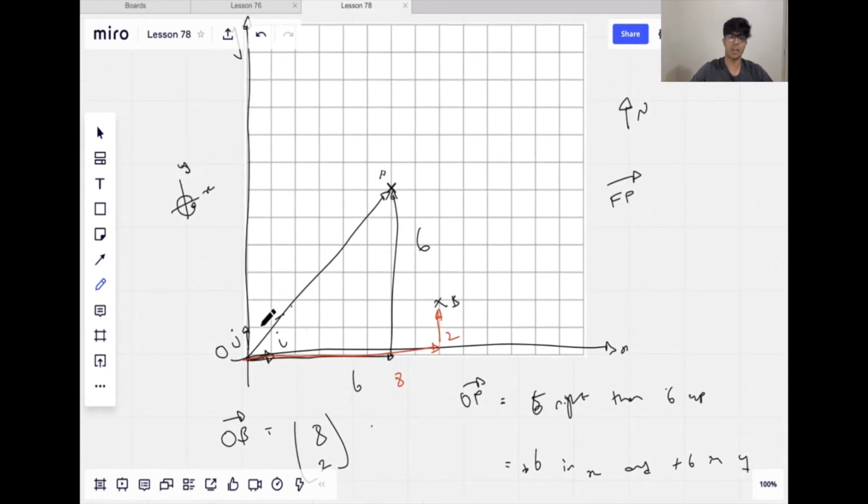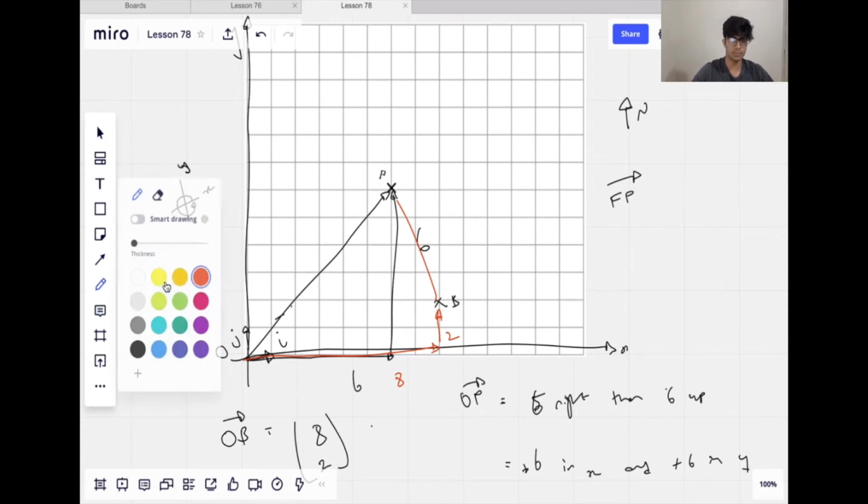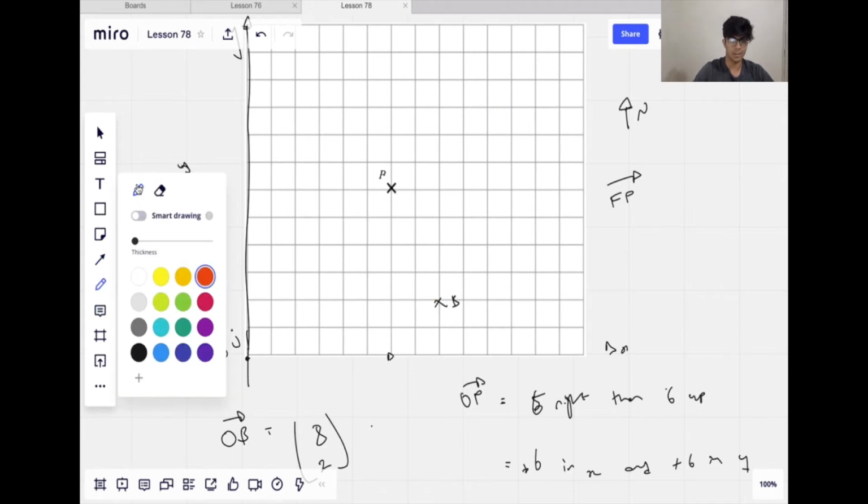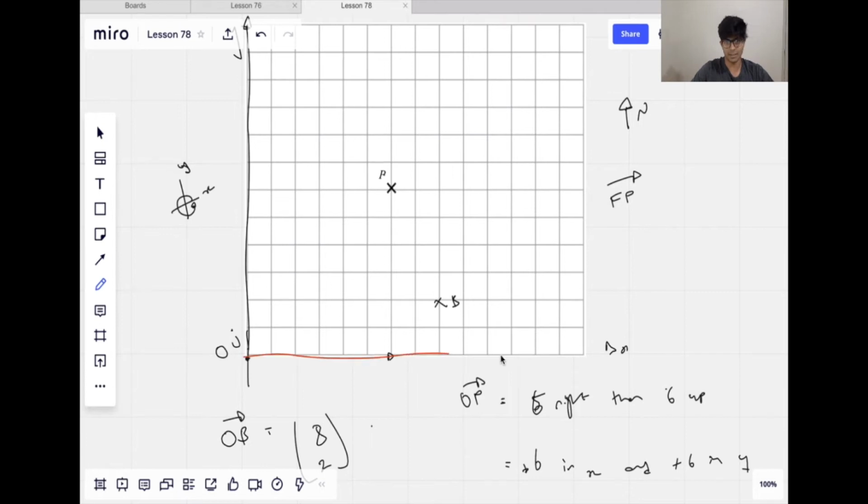Now, interestingly, if you wanted to go from B to P, let me make this a bit clearer, and draw the x-axis back in. How would we do that?